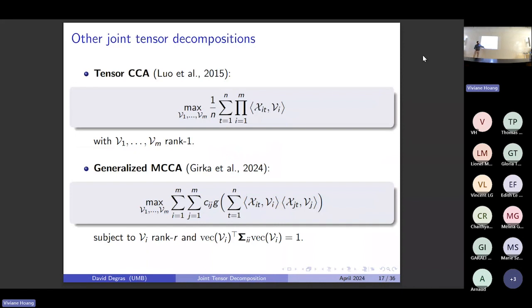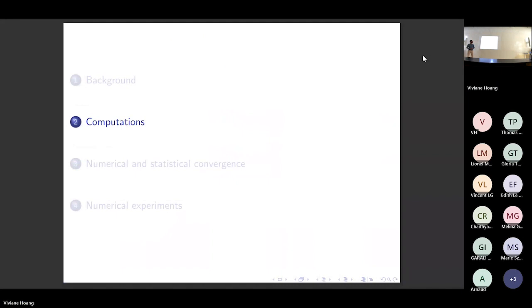There's a function G here that can be not the identity, but it's sort of the same family. Here, again, there's a rank R constraint. I'm working with rank 1 constraint, and there's some things related to the scaling that are treated a little differently in their approach.